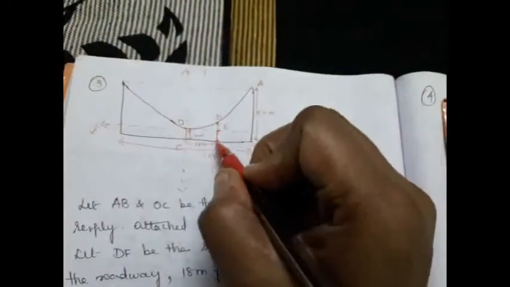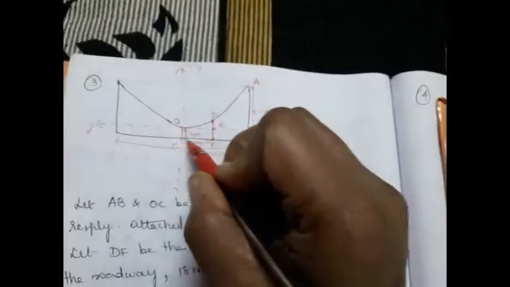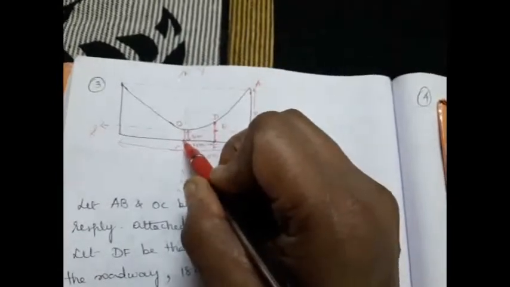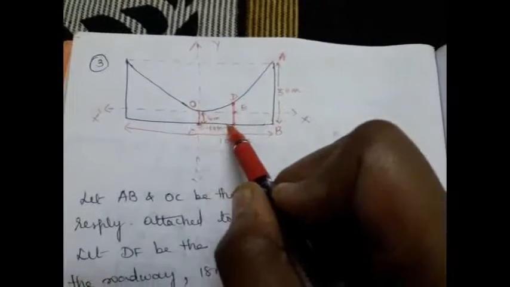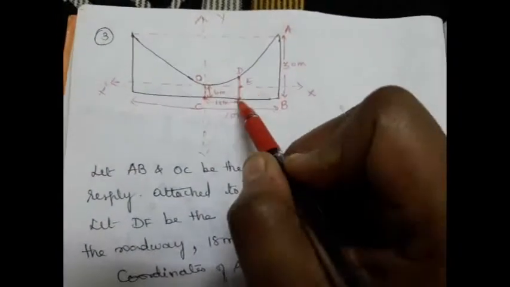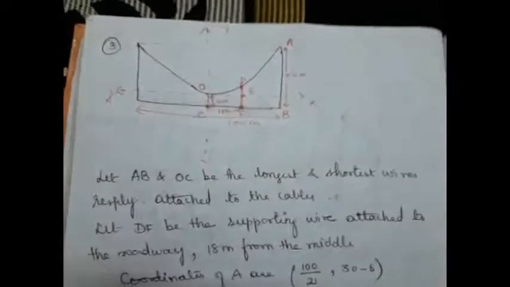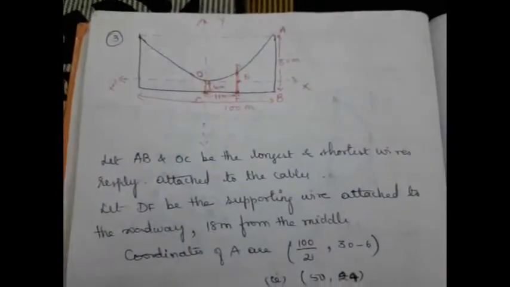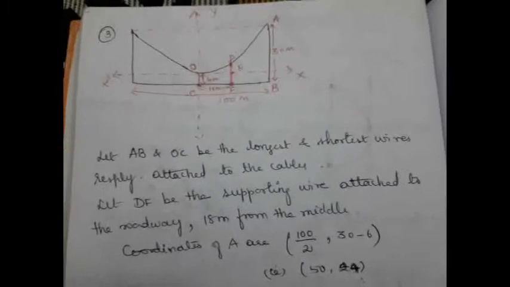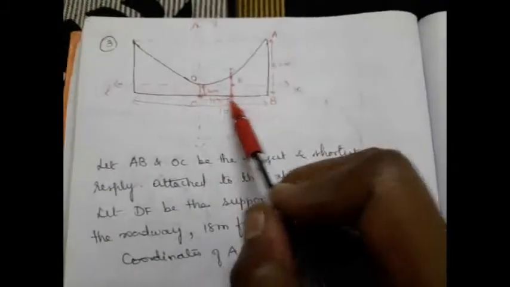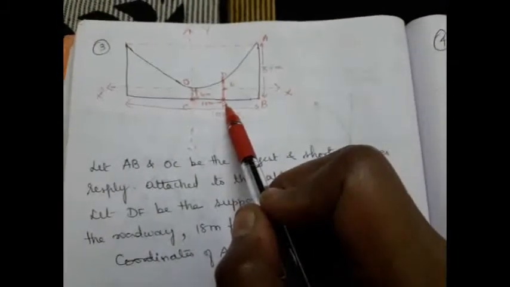So they asked you to find the length of the supporting wire which is attached 18 meter from the middle. This is the middle, right? So 18 meter from the middle, they have attached a supporting wire. They asked you to find this length, so DF they asked you to find. This is also in the same way. 18 is going to be the x value, right?